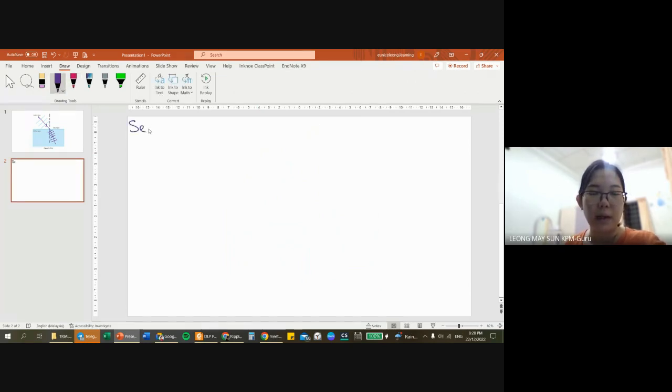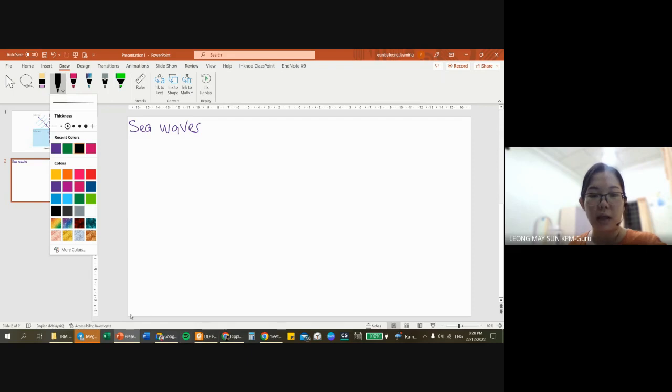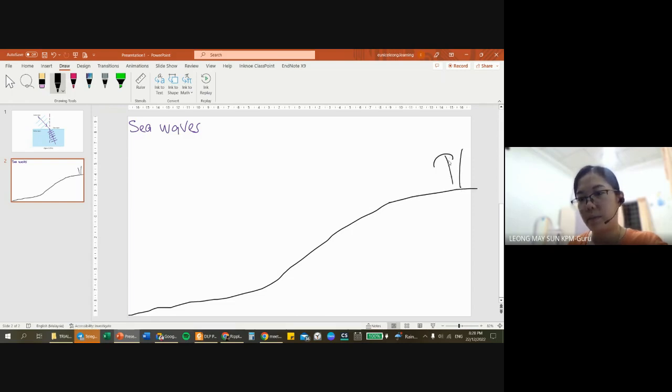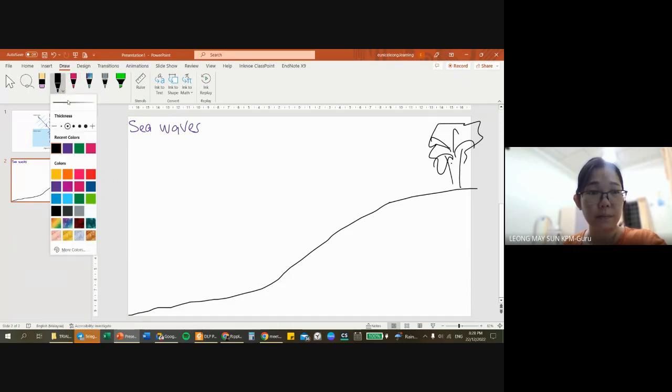All right, the sea waves. So what we have at the sea is from deep seabed all the way until the beach side. Okay, so I'm going to draw the water waves right now. This part is the deep sea area, and this is near the seaside where we will normally play.